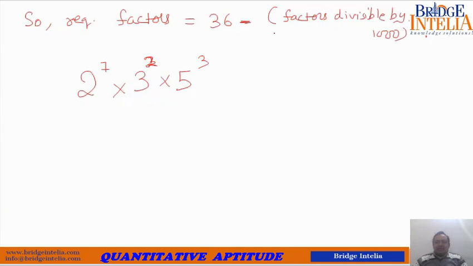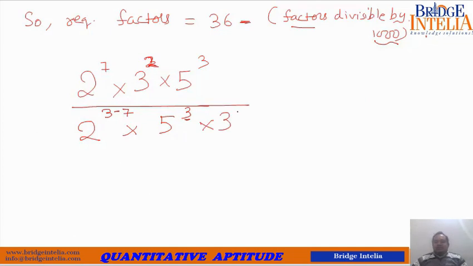Now we have to find how many factors are divisible by 1000. So 1000 means lower limit, 2 cube, 5 cube. This is the lower limit. So range, this is the lower limit, upper limit is 7. For 5, this is the lower limit, there is no other possibility, 3 itself. So 3 square, no restrictions on power of 3.